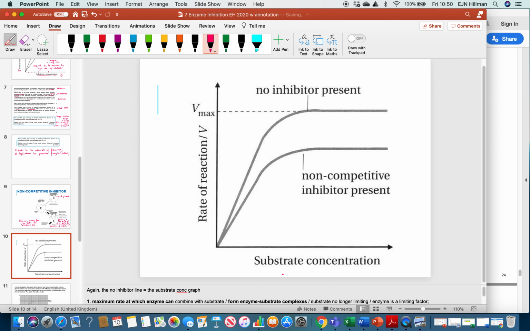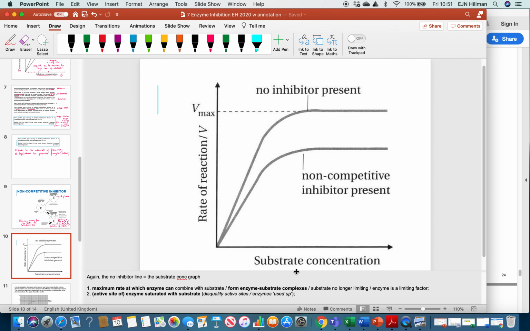Okay, so if we look at the graph for this type of inhibition, you'll see that the no inhibitor present is again the same as the substrate concentration graph. By increasing the concentration of the substrate, it will increase the rate at which the reaction can proceed.